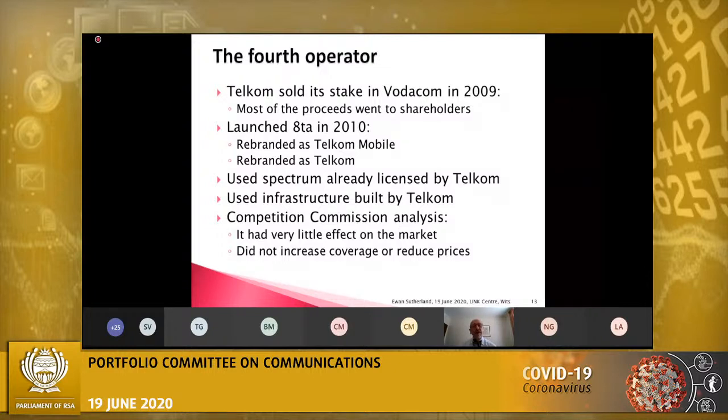So what starts off as an abstract discussion of spectrum and should we assign a group, then becomes the question of, well, how much spectrum do you give? Who do you give it to? How many players in the market? And how do you make sure it works?